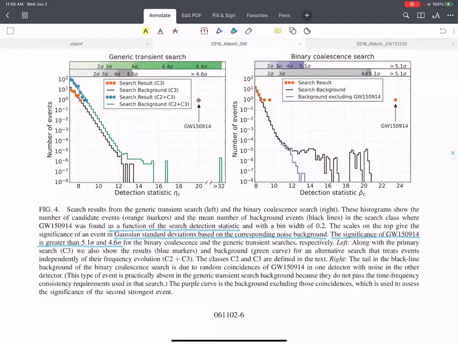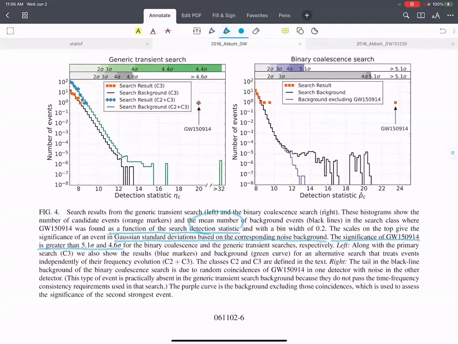So I emphasized some phrases here, for example, a function of detection statistic, Gaussian standard deviations based on the corresponding noise background, and that the significance of the gravitational wave 150914 is greater than 5.1 sigma and 4.6 sigma. I know that it's confusing right now, but my goal is to help you understand these phrases after you learn the lecture about hypothesis testing.